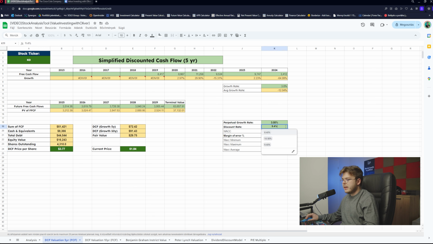Obviously, you can decrease the weighted average cost of capital. Let's say your margin of error will be only 1% and you take it back to 7%. You see that it increases, but the main factor is obviously the growth rate, which you can set to, let's say, hopefully 8% or something much higher.